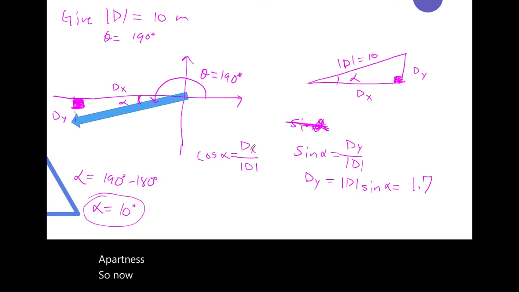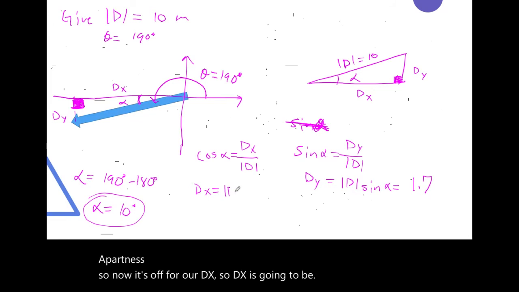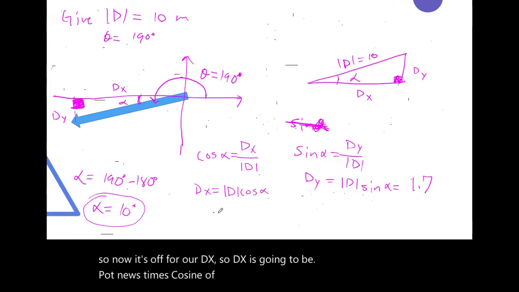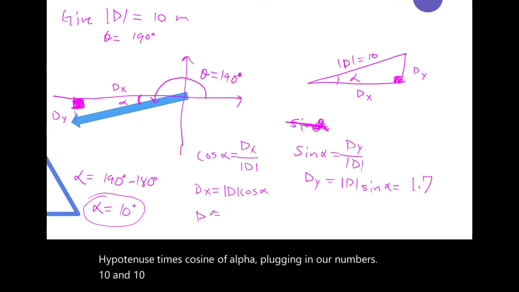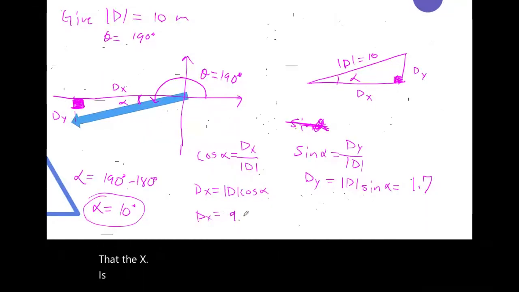So now let's solve for our dx. dx is going to be the hypotenuse times cosine of alpha. Plugging in our numbers, 10 and 10 again, we get that dx is 9.8, which should also look familiar.